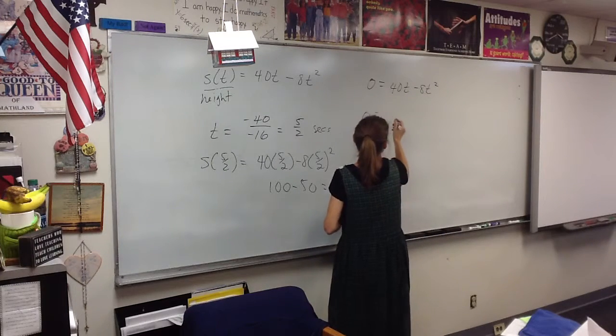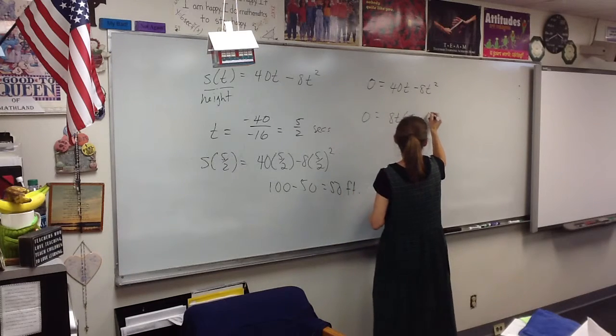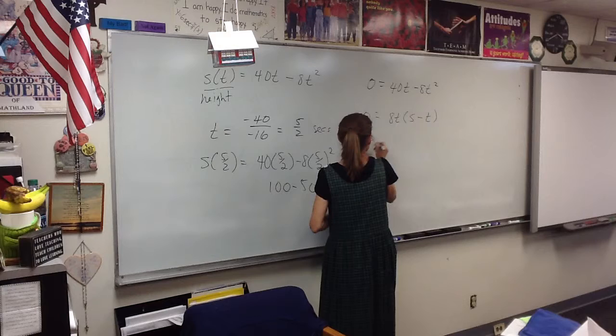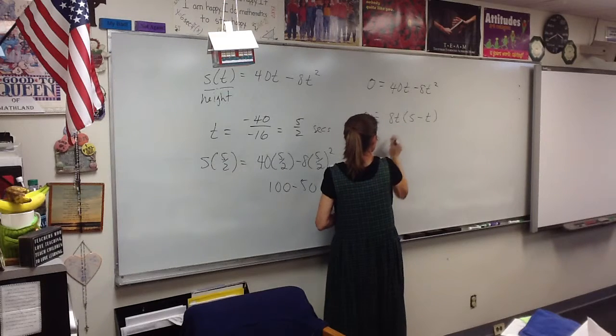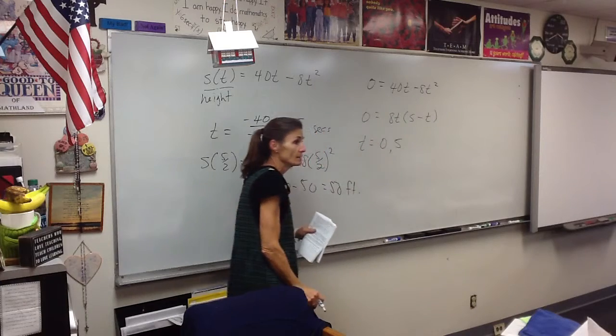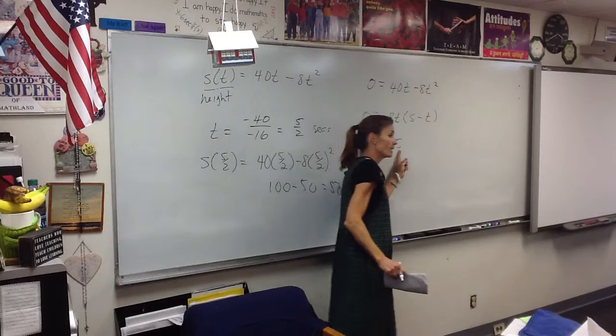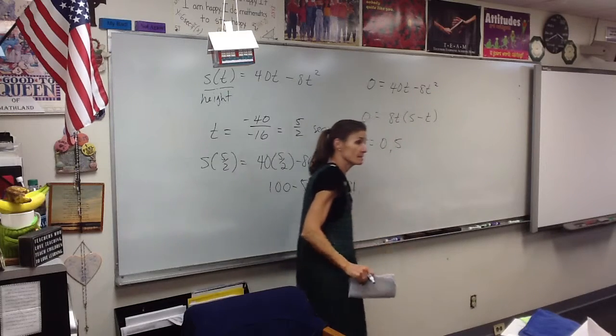That one factors. So I'm going to get 2 different answers. What are the 2 different answers I'm going to get here? 0 and 5. So one's the ball on the ground at the beginning, and then after 5 seconds.